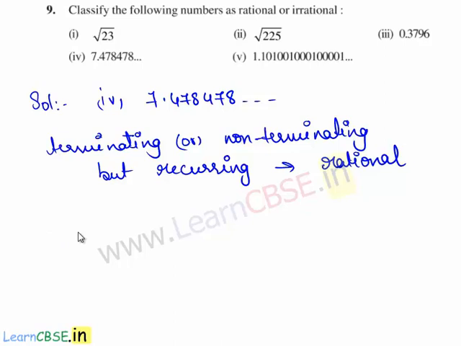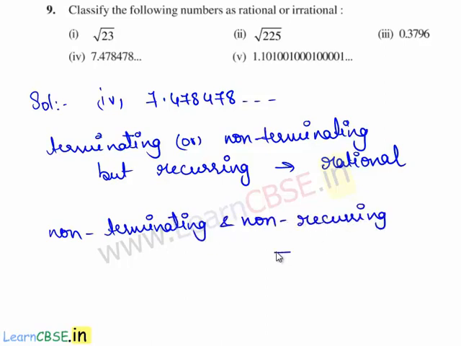Whereas a number whose decimal expansion is non-terminating and non-recurring is an irrational number. Here the given decimal expansion 7.478, 478 and so on is non-terminating, but the digits 478 are repeating. Therefore this comes under non-terminating but recurring. Therefore 7.478, 478 and so on is a rational number.